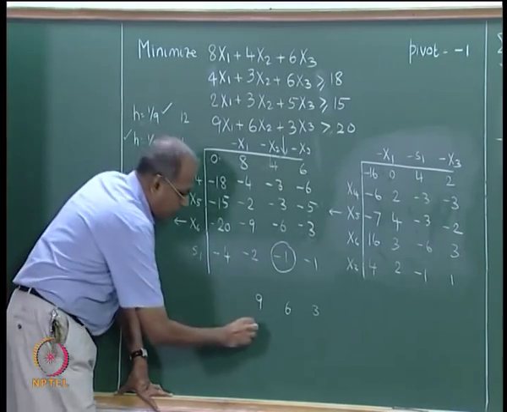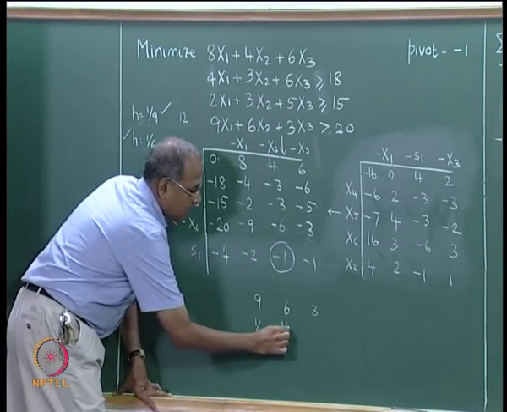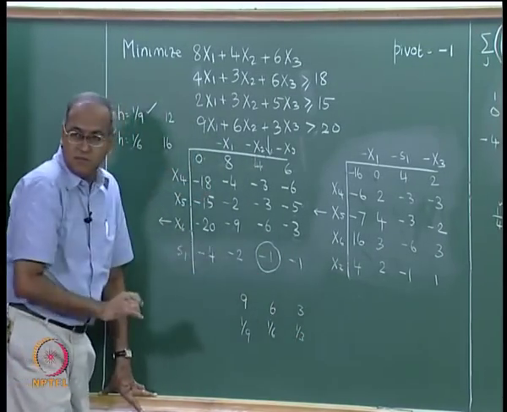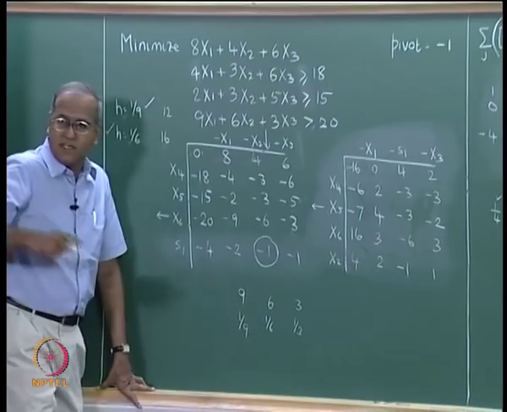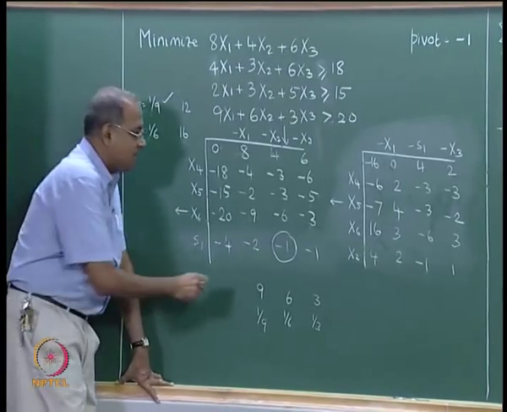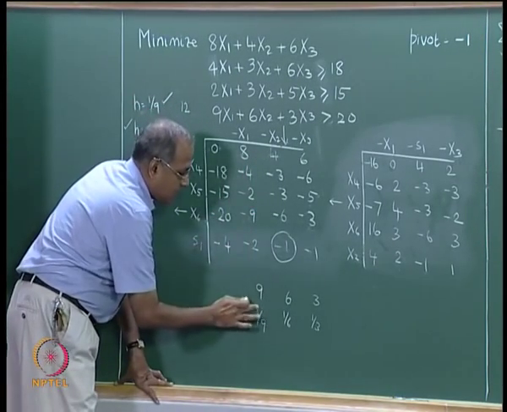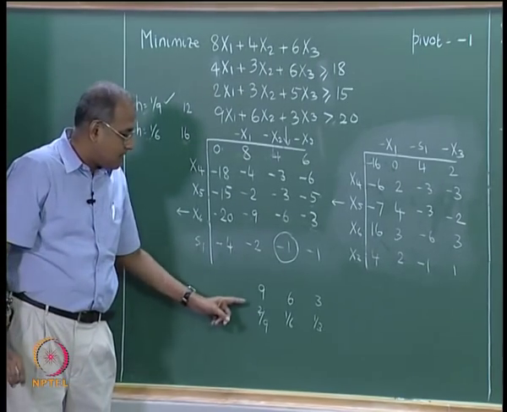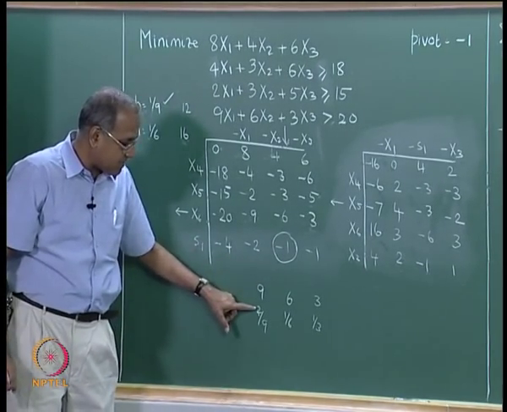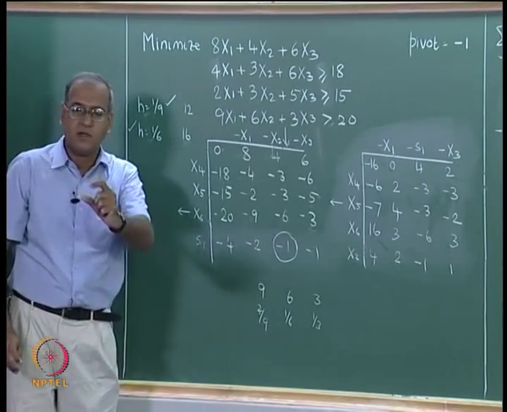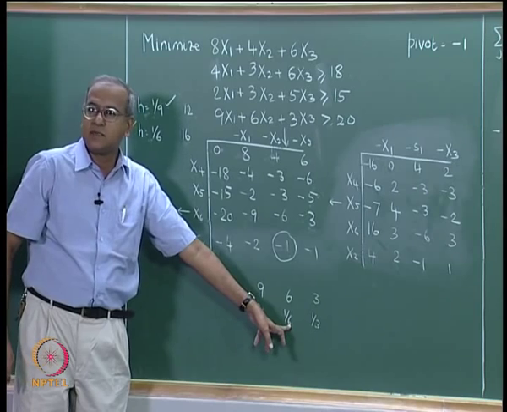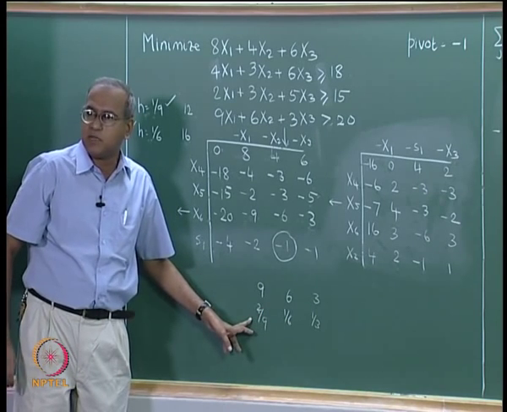H could have been 1 by 9, 1 by 6 or 1 by 3, the smallest of them could be 1 by 9, but then we said we want to make it better, therefore, we took this ratio and made this 2 by 9. So, the ratio actually helped us in increasing this numerator from 1 to 2, so that we got a slightly better value as the minimum, otherwise 1 by 9 would have been the minimum.